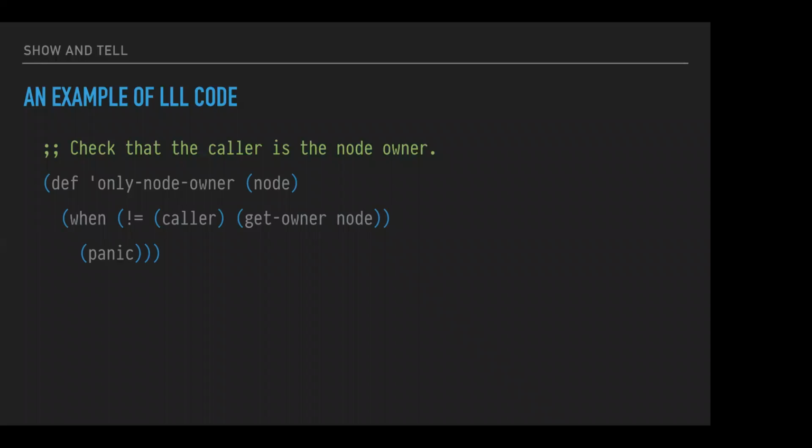And there are the scary parentheses. As I said, you do get used to them, especially with a syntax highlighter that works properly. Okay. So def in LLL starts a macro definition.